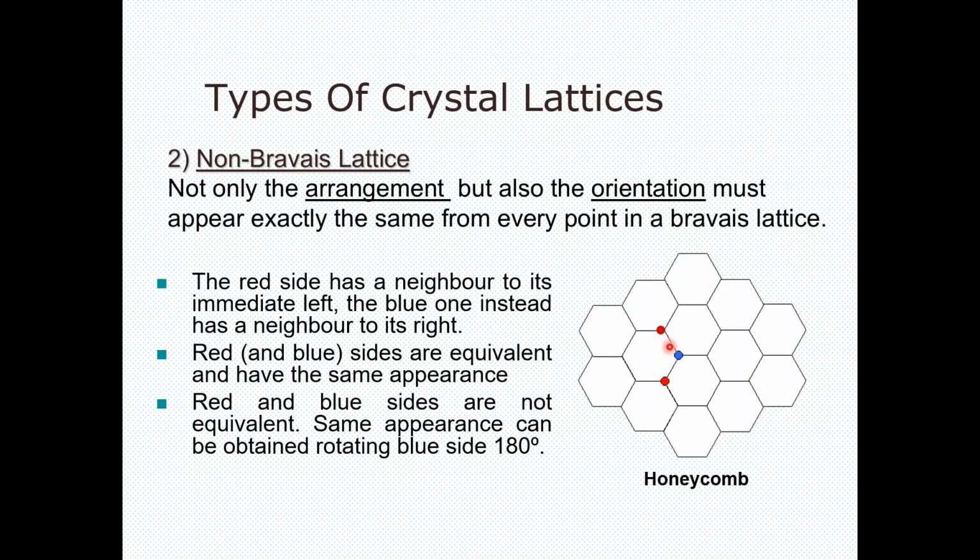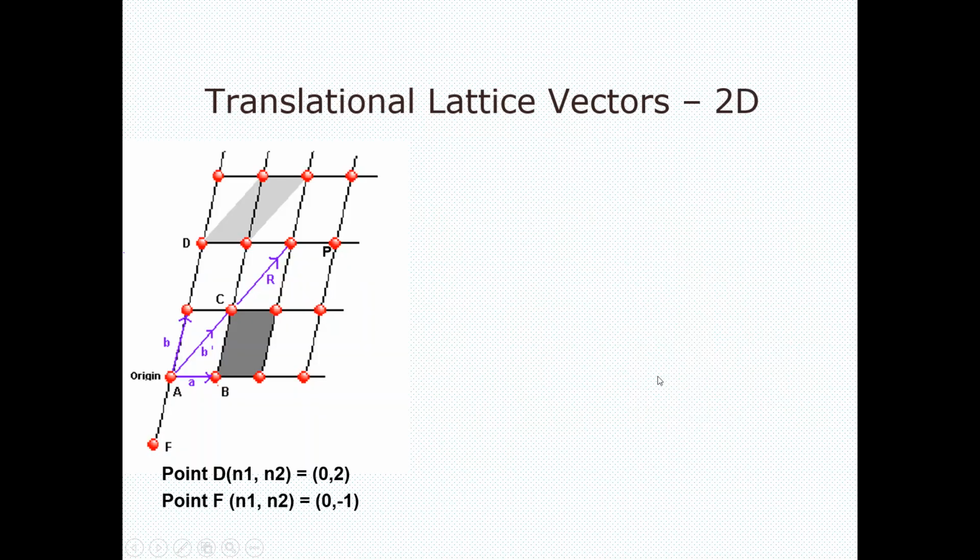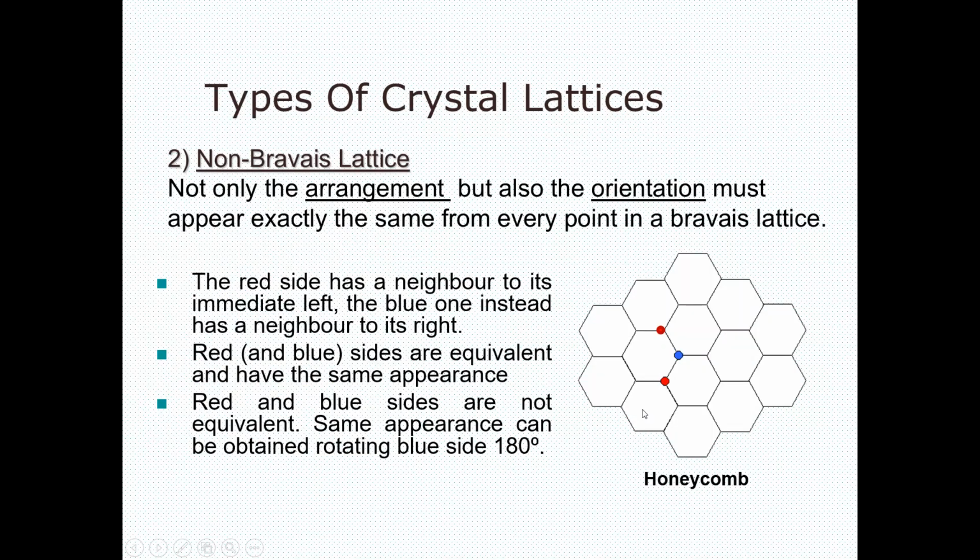If we have a look at the blue and red, you will come to know that both of these are not equivalent. But if we rotate the blue one through an angle of 180 degrees, it will look the same as the red one.